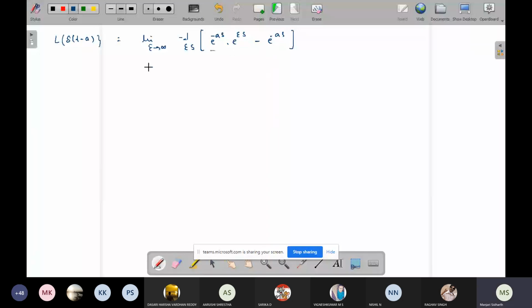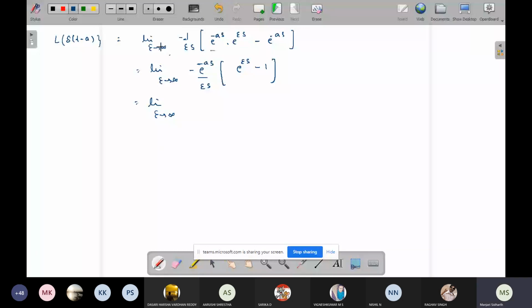So you can take e power minus as outside, then e power epsilon s minus 1 over epsilon s. Why am I writing infinity?